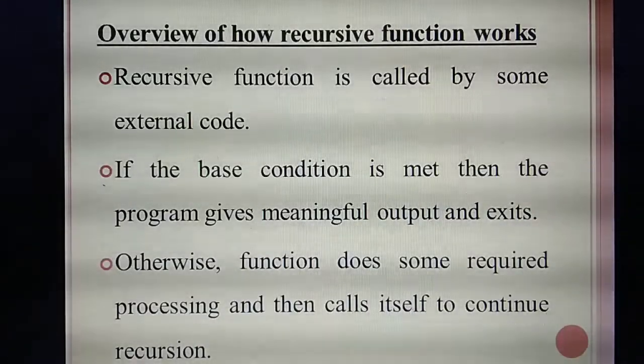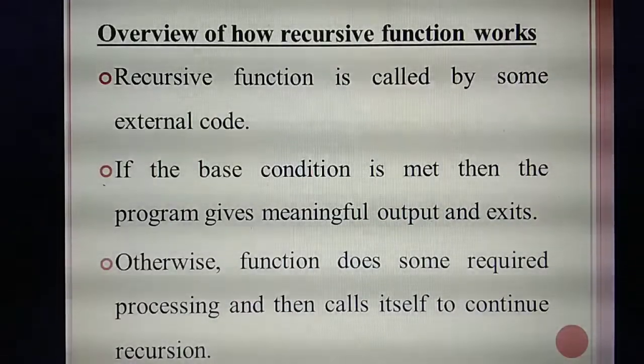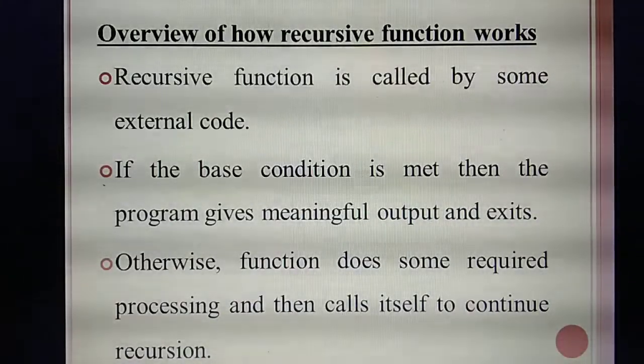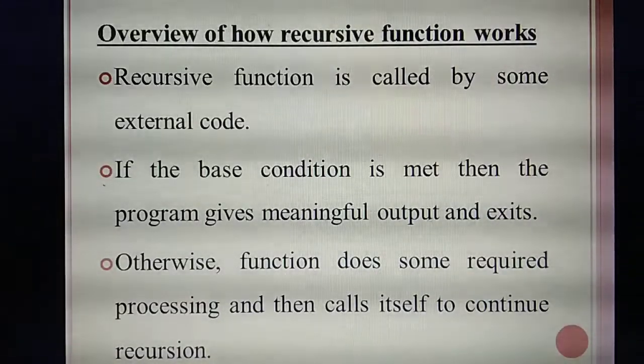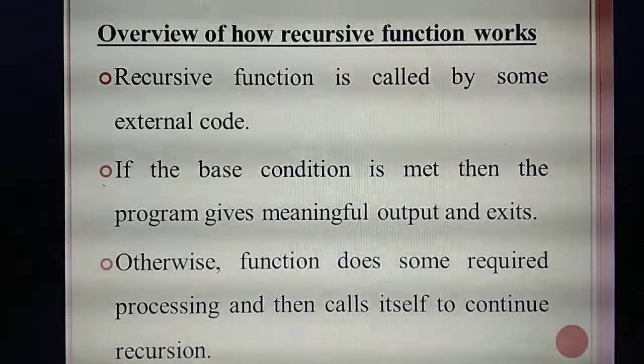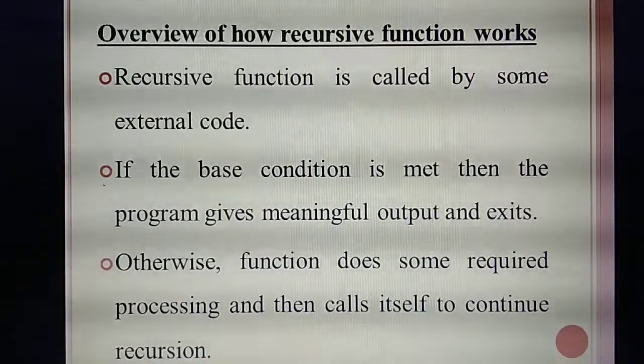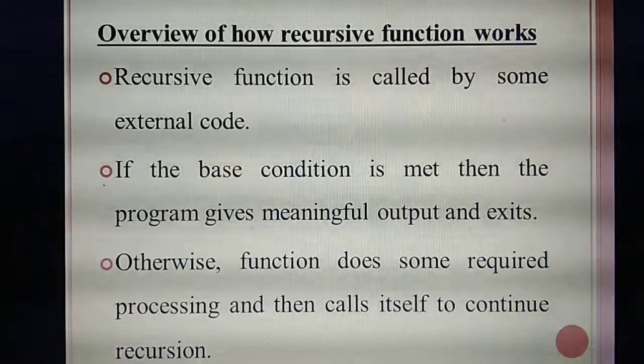For example, take the same example: I equal to 0, I less than or equal to 5, I plus plus. You are giving one number, for example I equal to 2. Is the condition I less than or equal to 5 true? Yes, so you will get the output, then the loop will terminate. But now I am giving I equal to 7.